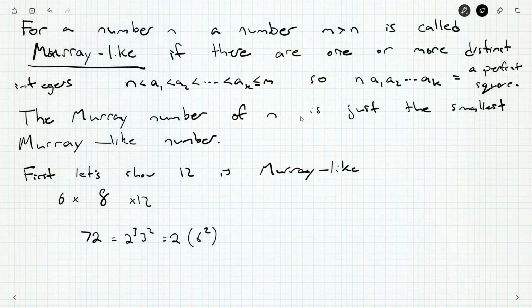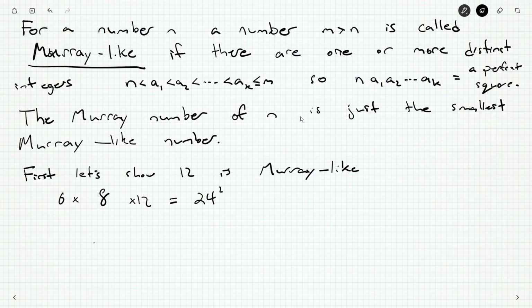I don't think we really need to motivate this at all. But 6 times 8 times 12 is equal to 36 times 16. It'd be 24 squared, I think, because 12 and one of those 2's gives me a 24, and then the leftover 3 and 8 gives me a 24.